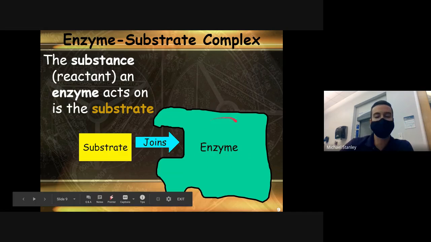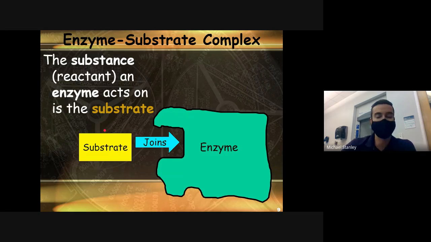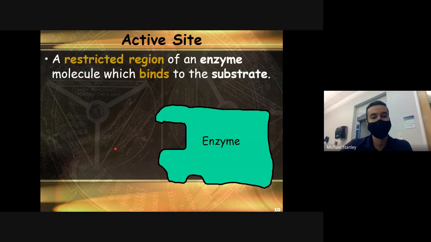So we have our big enzyme protein, and then we have our substance that the enzyme is going to catalyze, is going to make go faster. So an active site is this kind of pocket region or this open region of the enzyme.